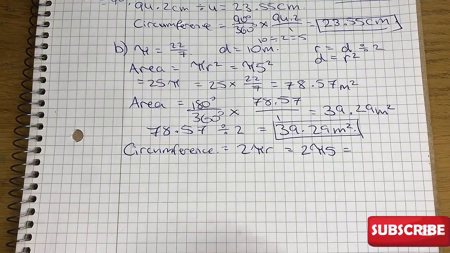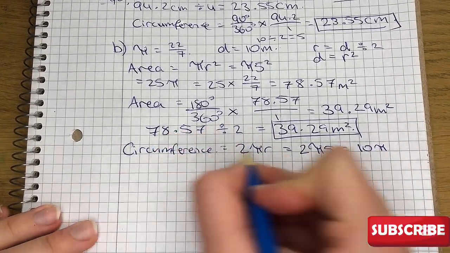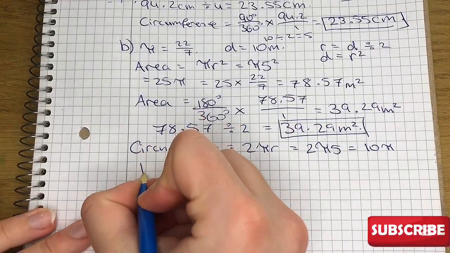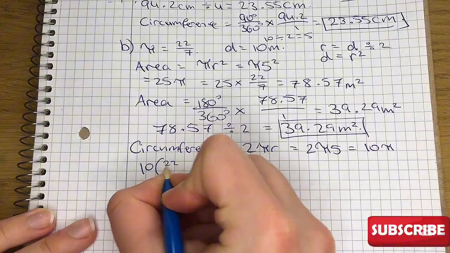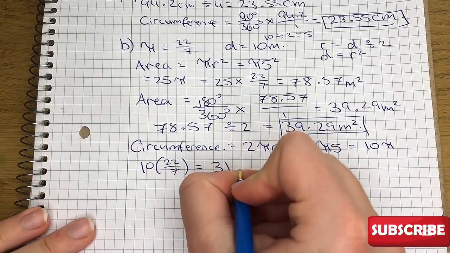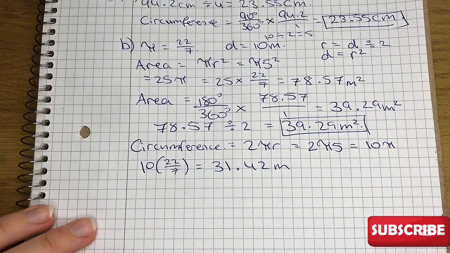So that should give us 10 pi. And now we are told that pi is equivalent to 22 over 7. So 10 multiplied by 22 over 7, and that should give us 31.42 meters. Remember, we're not squaring the unit because this is perimeter.